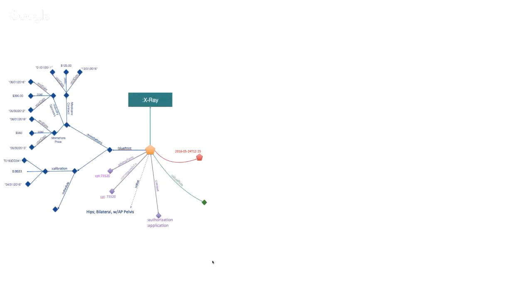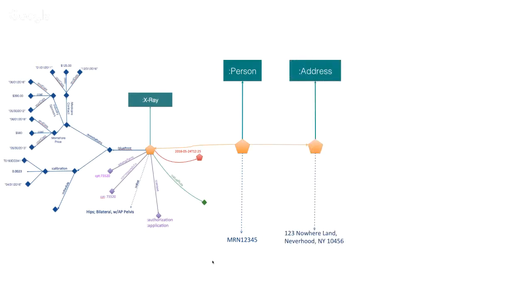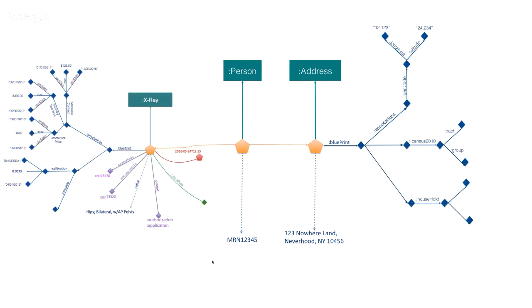So you can use this annotation framework to manage a lot of metadata practices around every single data point. Now that we have that X-ray, you may want to ask who the person was that the X-ray was taken for, and what the address of that patient was. And the address itself can be annotated by geocodes, longitude and latitude, to the census tract information and household information.